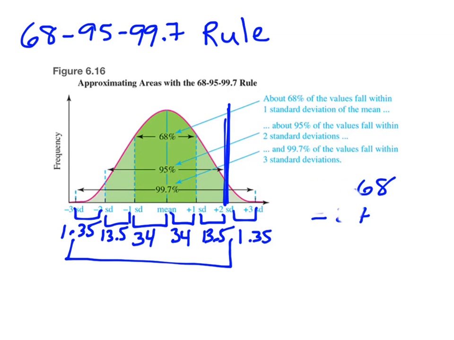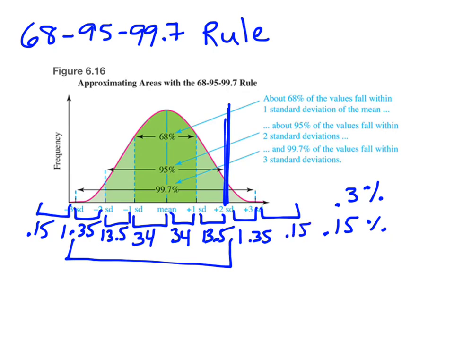We have 99.7% of the data within 3 standard deviations, which means we have 0.3% outside of that range. That would be 0.15% either below 3 standard deviations or above. Let me make that a decimal: 0.15% below, and 0.15% above 3 standard deviations away.